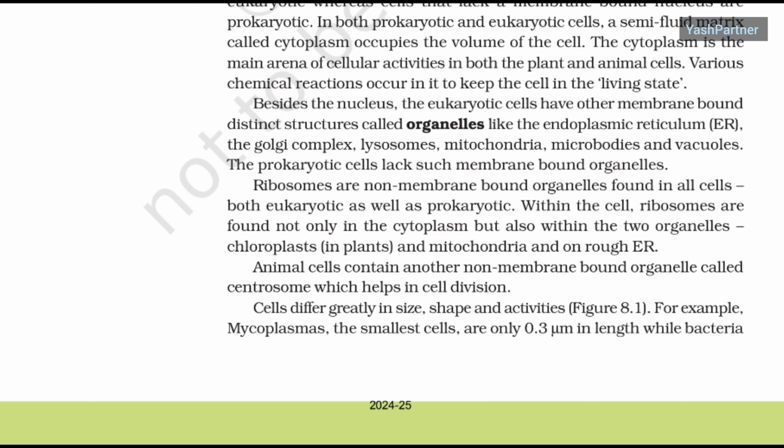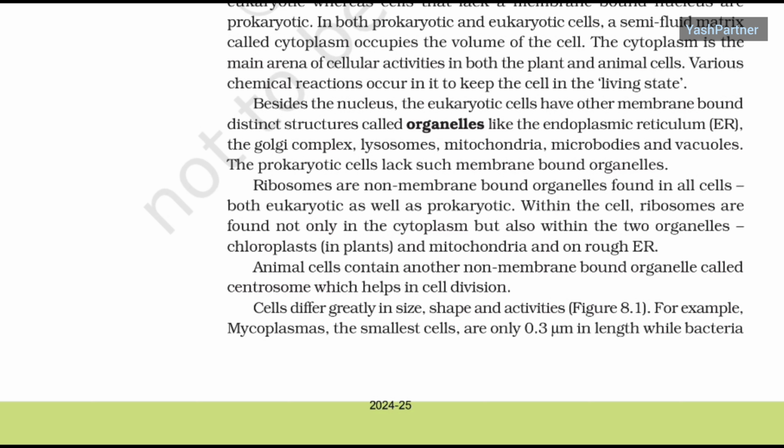Besides the nucleus, the eukaryotic cells have other membrane-bound distinct structures called organelles, like the endoplasmic reticulum, ER, the Golgi complex, lysosomes, mitochondria, microbodies, and vacuoles. The prokaryotic cells lack such membrane-bound organelles.